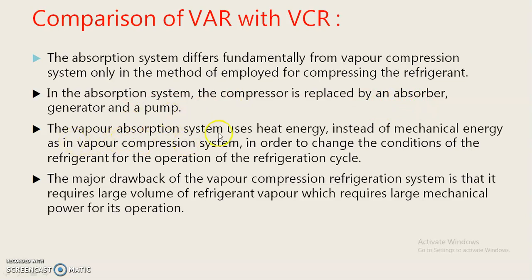The vapor absorption system uses heat energy instead of mechanical energy, as in the vapor compression system, in order to change the condition of the refrigerant for the operation of the refrigeration cycle. The major drawback of the vapor compression refrigeration system is that it requires a large volume of refrigerant vapor, which requires large mechanical power for its operation.